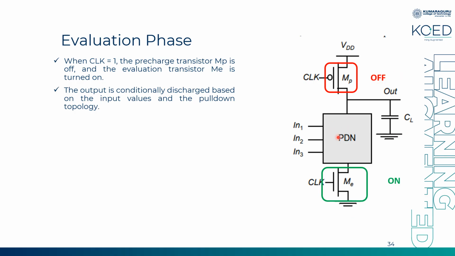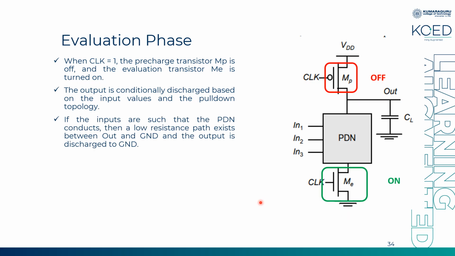Suppose I have one transistor here, or two, as shown in the diagram, I have three NMOS transistors. If they are fed with one, what happens? All the transistors will be in on condition. And as you know, during the evaluation phase, this transistor is in on condition. So what happens? The CL, already charged with VDD, discharges from this point to ground.